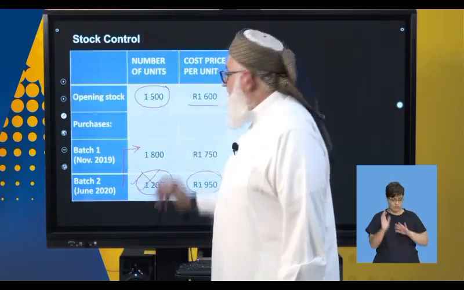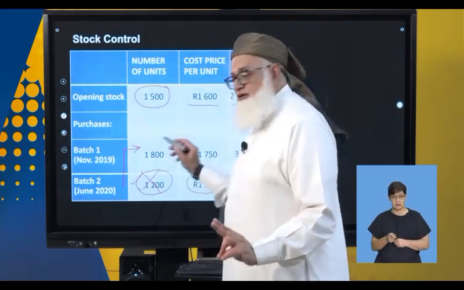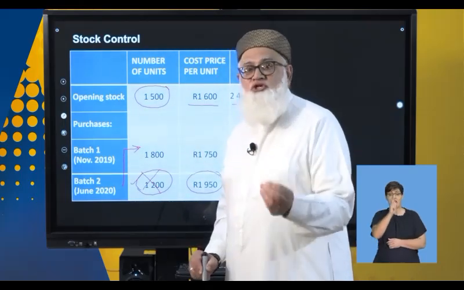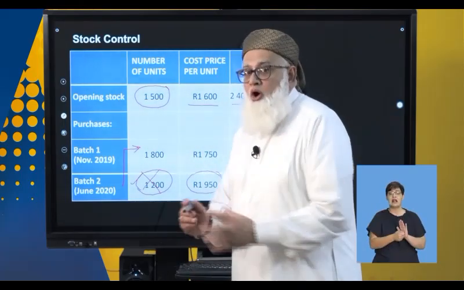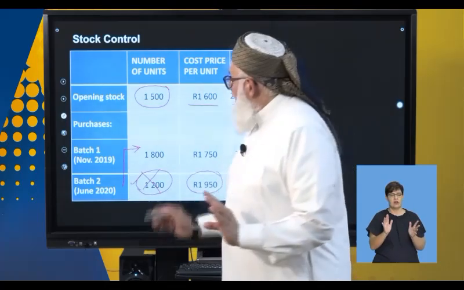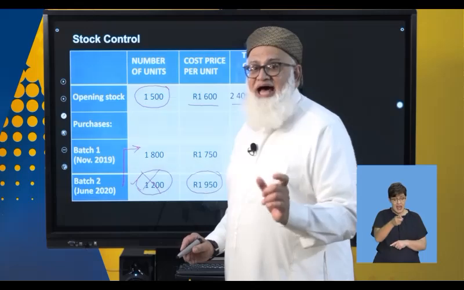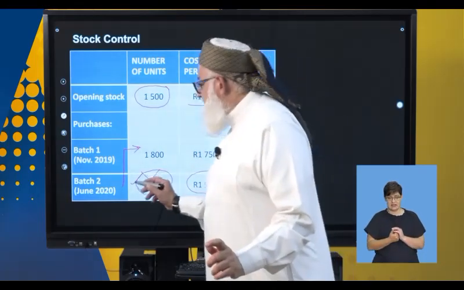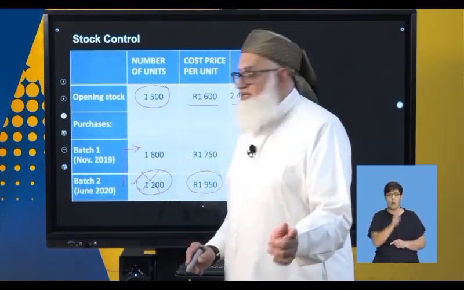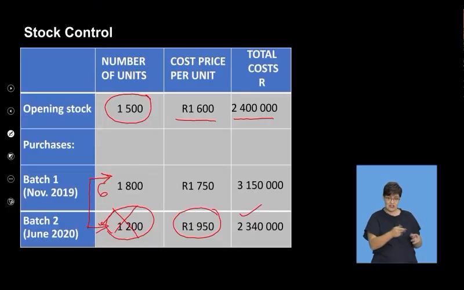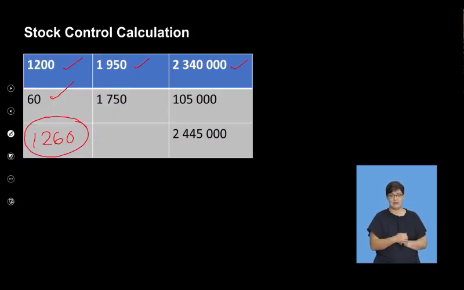I bought 1,800 units. Of those, 60 units are left over. And where do I get my 60 from? 1,260 minus the 1,200 which I've accounted for. So 60 units of batch number 1 are left over, right?